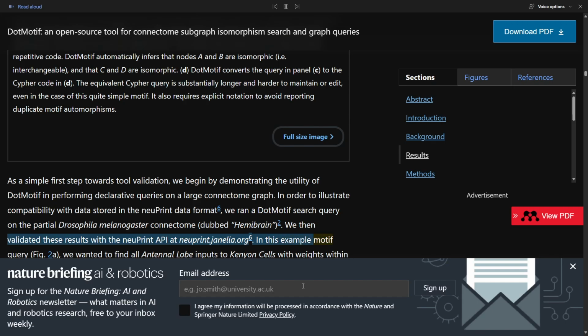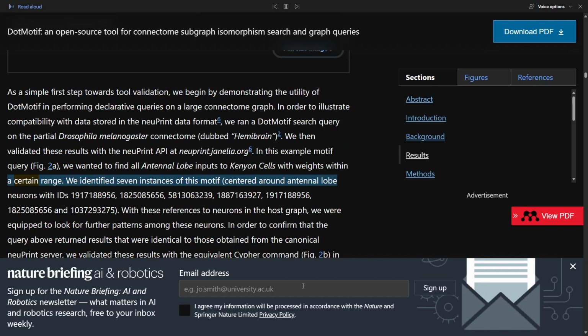In this example motif query, Figure 2A, we wanted to find all antennal lobe inputs to Kenyon cells with weights within a certain range.